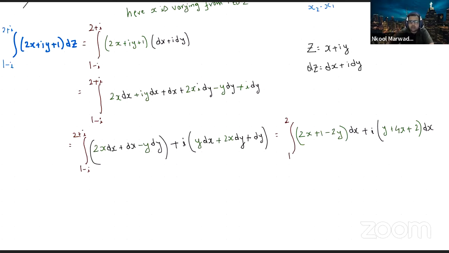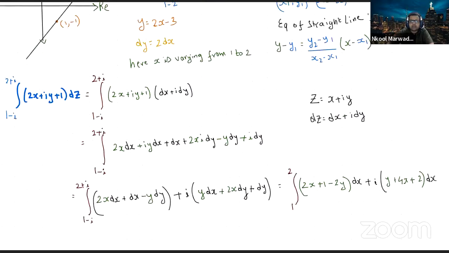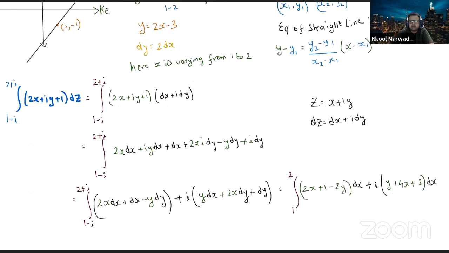Now one more thing I have to do. Instead of y, I can write 2x minus 3, because since this is a single integral with respect to x, I have to get rid of this y.